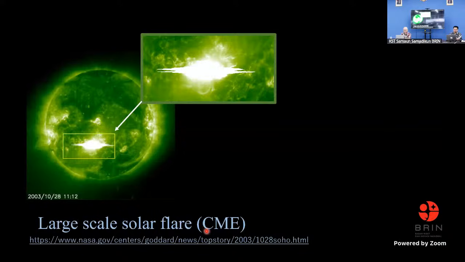And often upper atmosphere researchers call them CME. So this is coronal mass ejection. So a huge amount of particles have been released from the sun, and some of them may reach the Earth and cause some interesting phenomena.